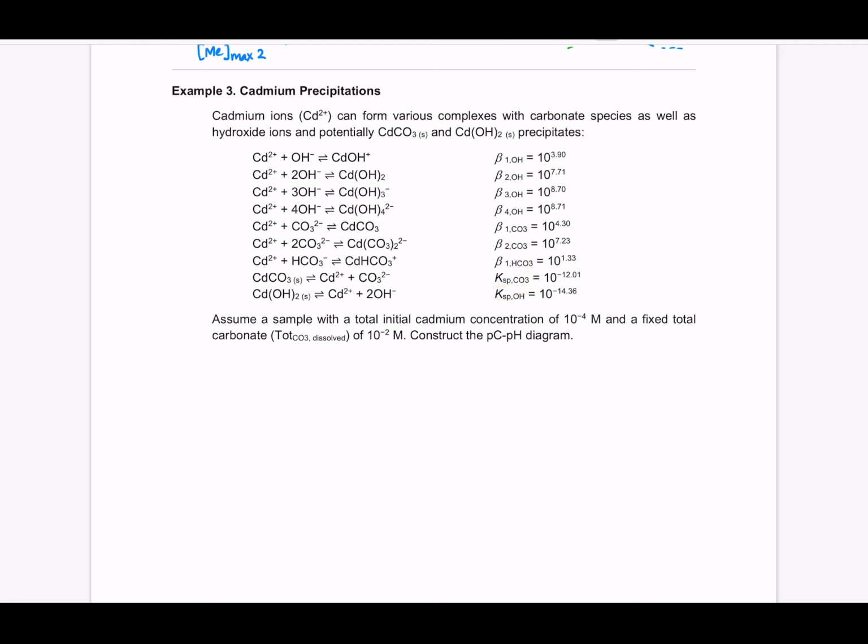And it seems it's a closed system. The total carbonate dissolved is fixed at 10 to the minus 2. Even if it wasn't given, 10 to the minus 2 compared to 10 to the minus 4 is significantly bigger, so we could assume that it's fixed. But now it's just given that it's fixed.